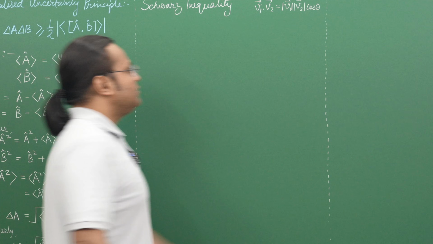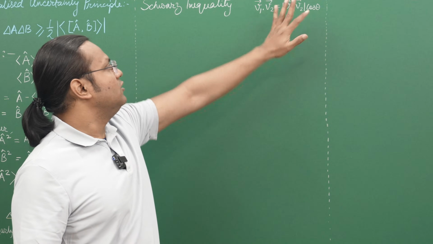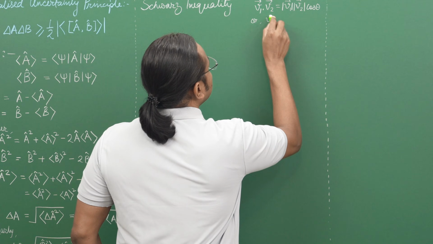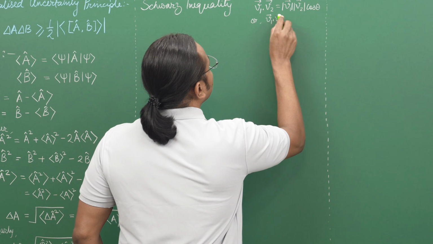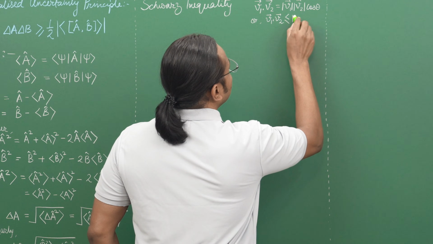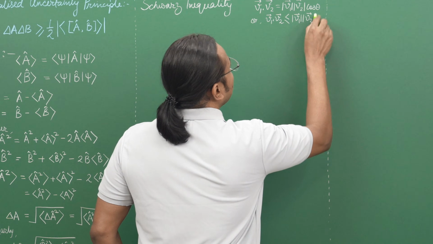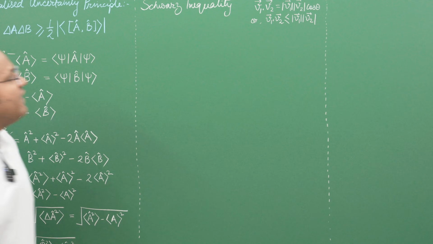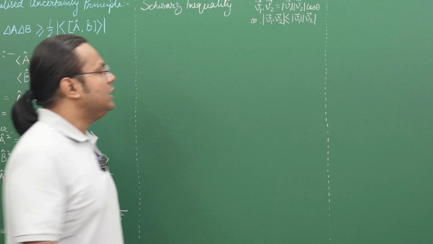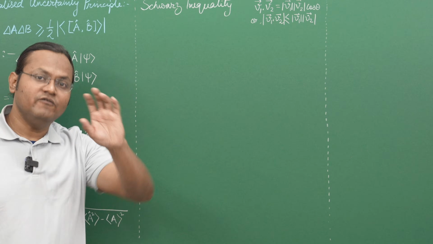If you are familiar with vector algebra, you know that for two vectors in geometrical space, v1 dot v2 is equal to the magnitude of v1, v2, cos theta, which simply means that the magnitude of v1 dot v2 is always less than or equal to the product of the magnitudes of v1 and v2. Why? Because cos theta is always less than or equal to 1. In fact, I should say the absolute value of the inner product of two vectors is less than or equal to the product of the magnitudes of those two individual vectors. This is something that is true in vector algebra.